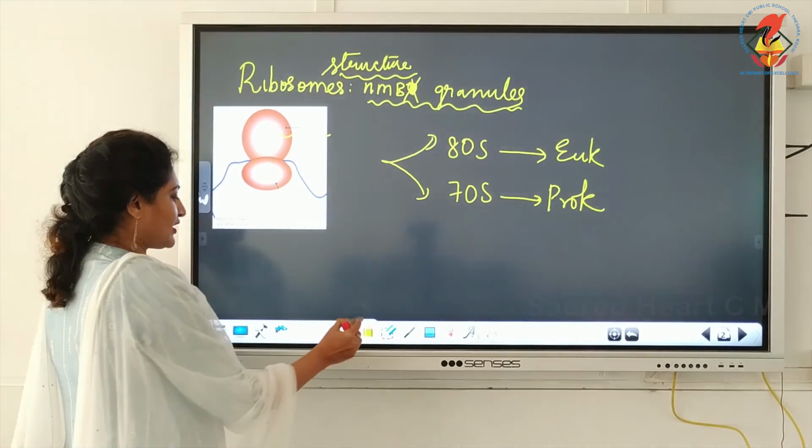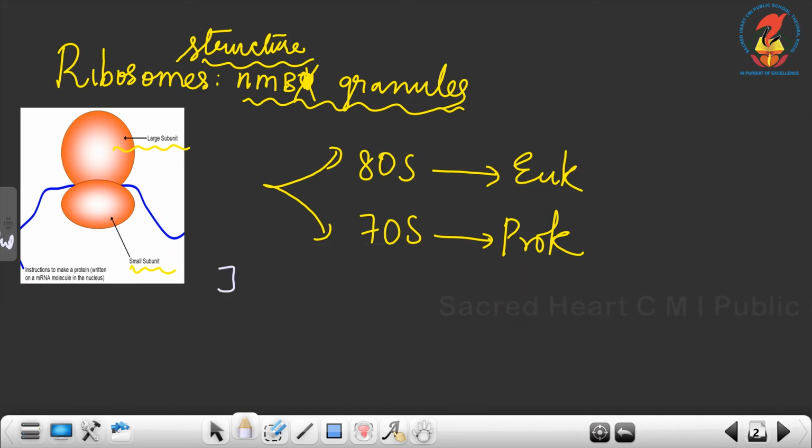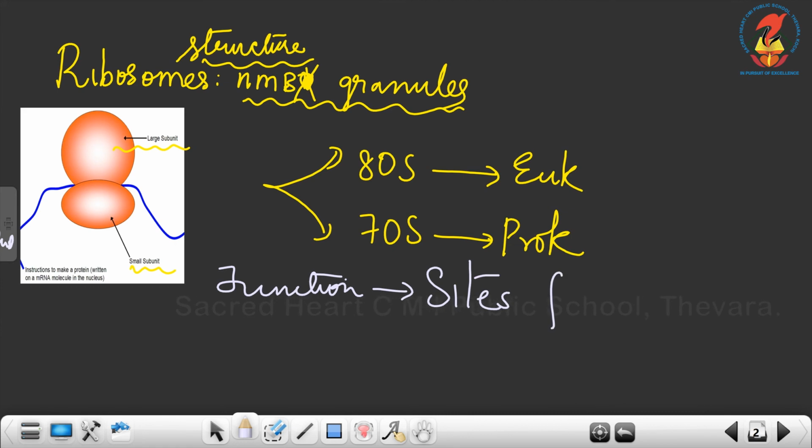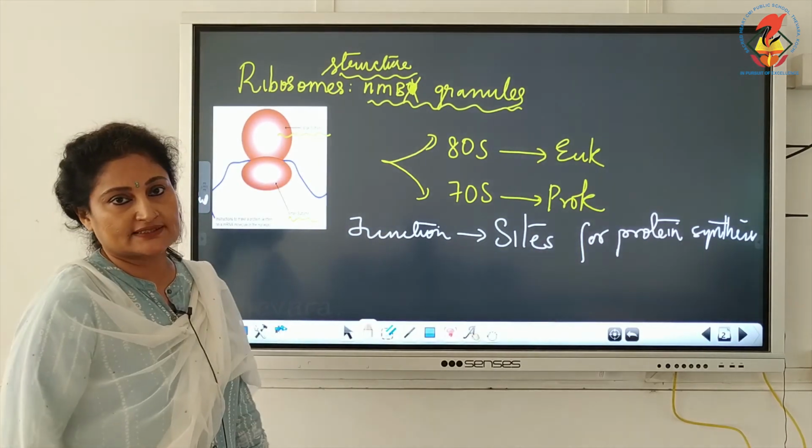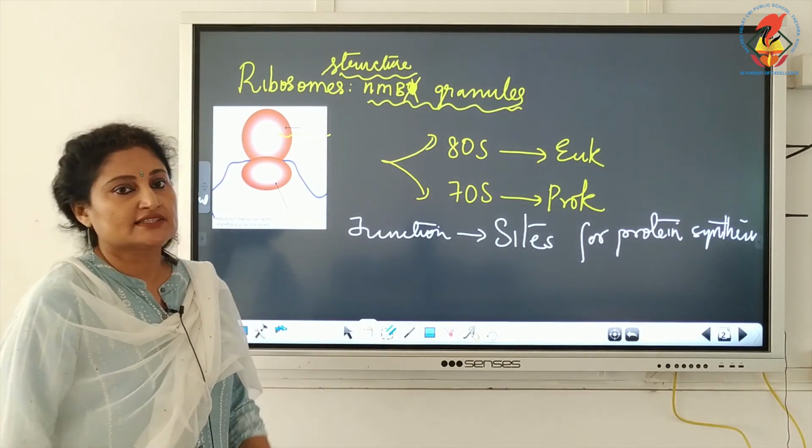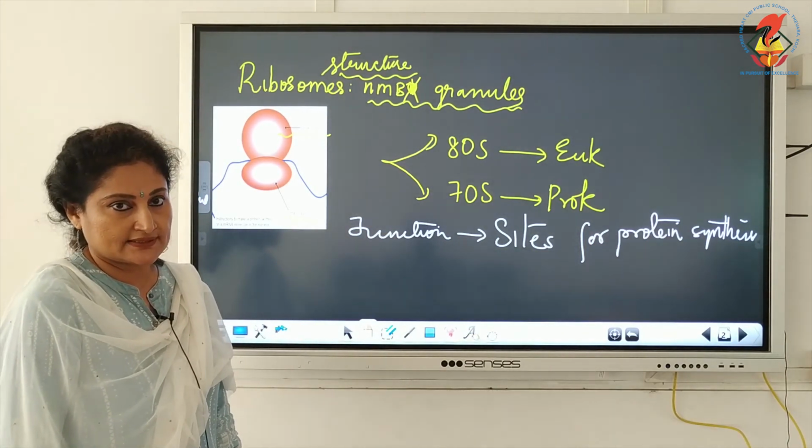Now the function of ribosomes. Very carefully you should remember, they just serve as sites or a platform for protein synthesis. They are not synthesizing, but they serve as sites for protein synthesis.